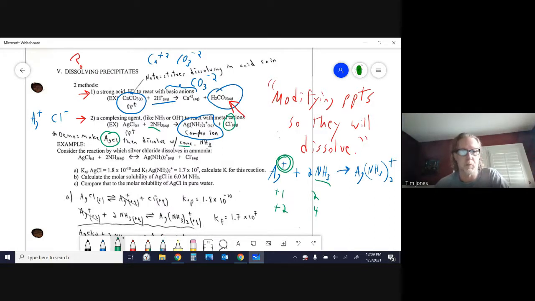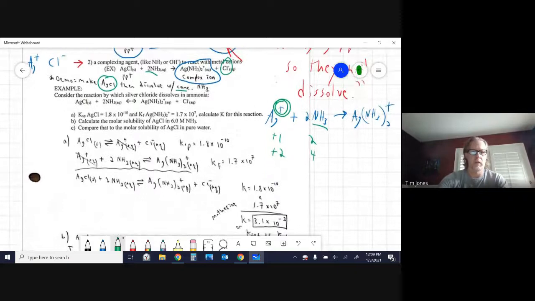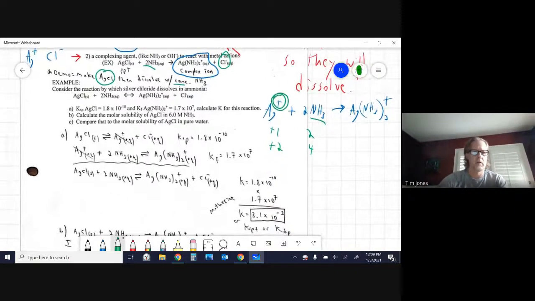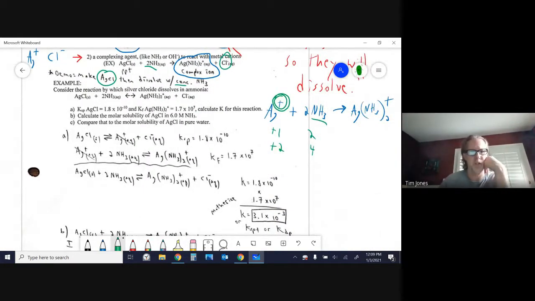So let's take a look at this particular system of dissolving the AgCl. It says, consider the reaction in which silver chloride dissolves in ammonia and eventually reaches equilibrium. Same thing as before, silver chloride, adding ammonia. The ammonia is modifying the silver ion to form, again, what's called a complex ion.